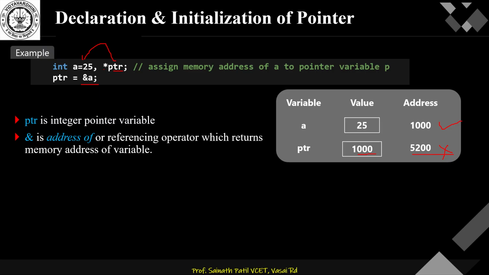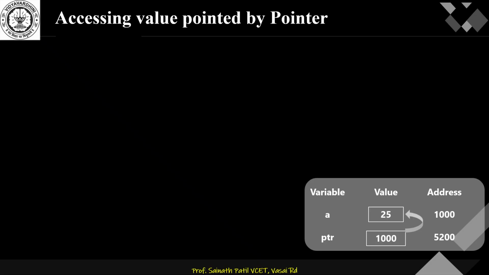So 1000 is the memory address held by PTR, which is nothing but the address of A. That is why PTR will point to A. So PTR will act as a memory pointer to A. Once we declare a pointer variable and assign the address of another variable to it, like what we have done, PTR made to point to A as in the previous slide, how can we use PTR to access or read the value pointed to by PTR?